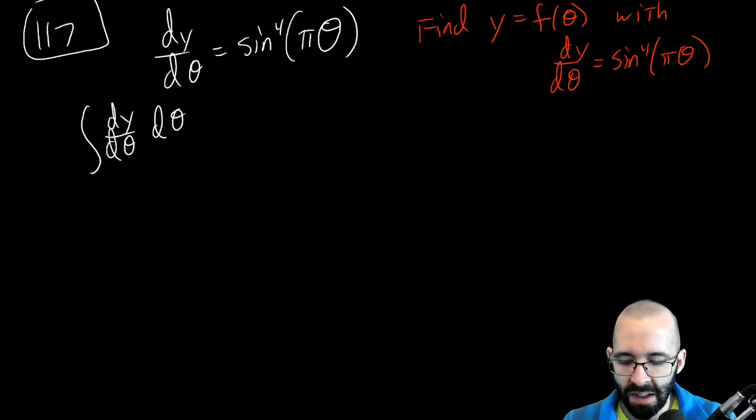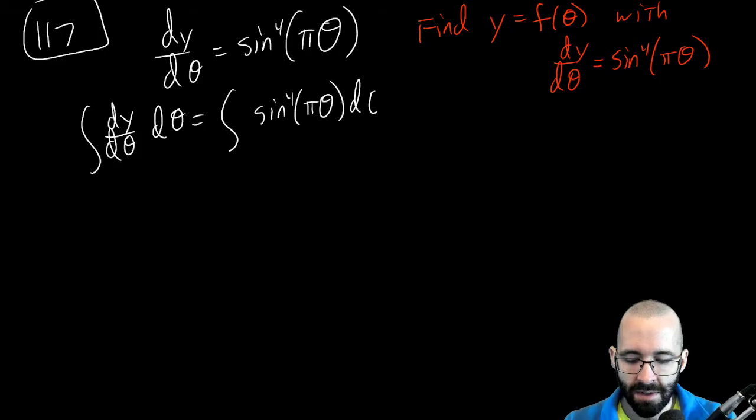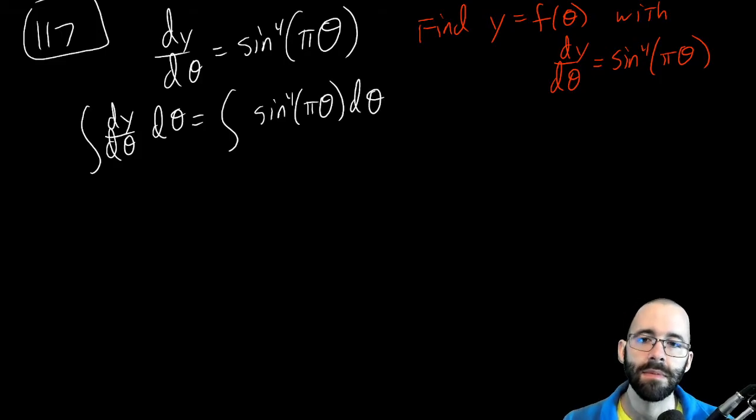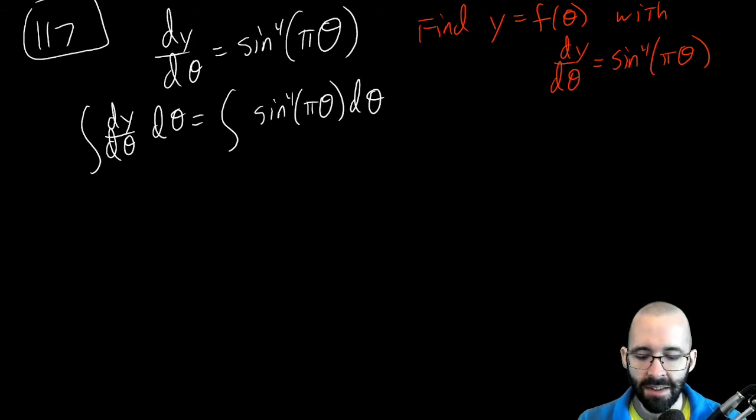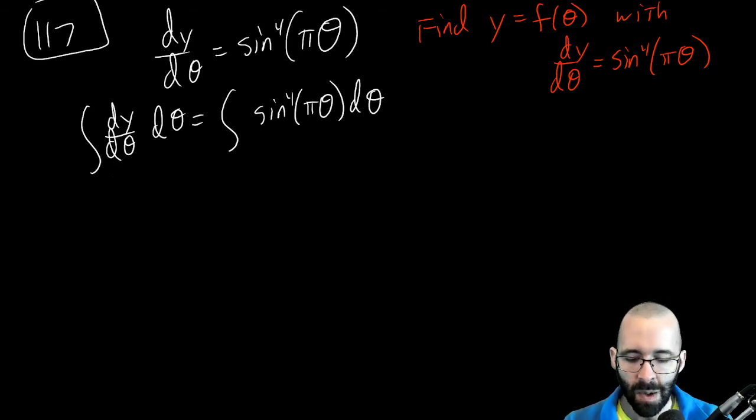What's the antiderivative of the left-hand side? Whatever it is, it should equal the antiderivative of the right-hand side with respect to theta. What's the antiderivative of a derivative? The integral of dy is just y, plus a constant.